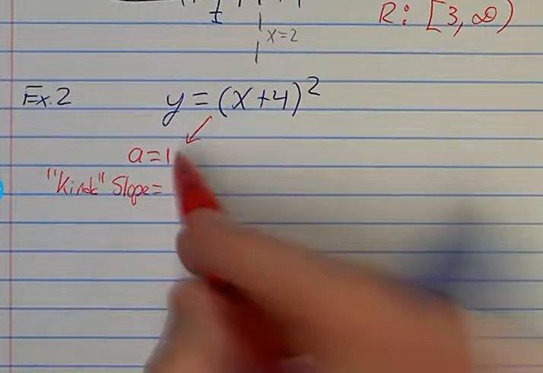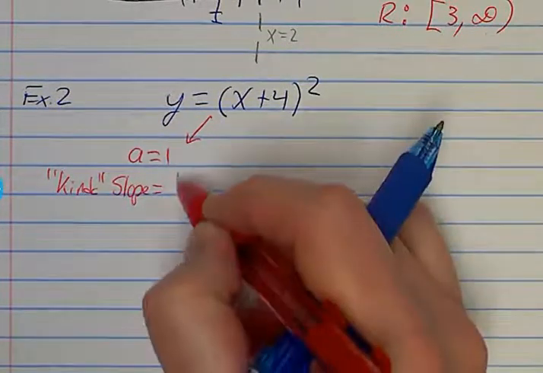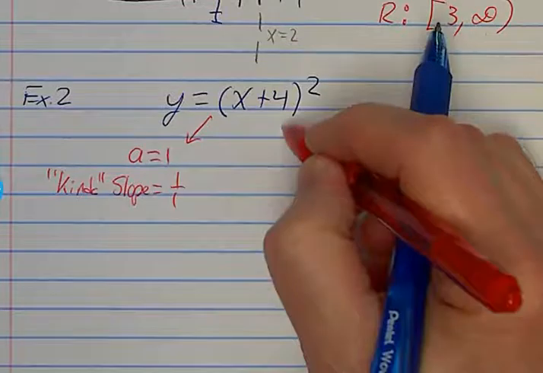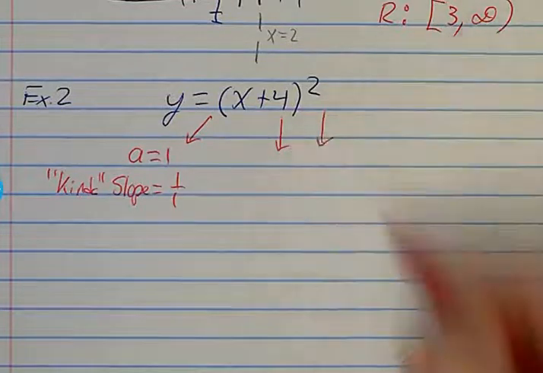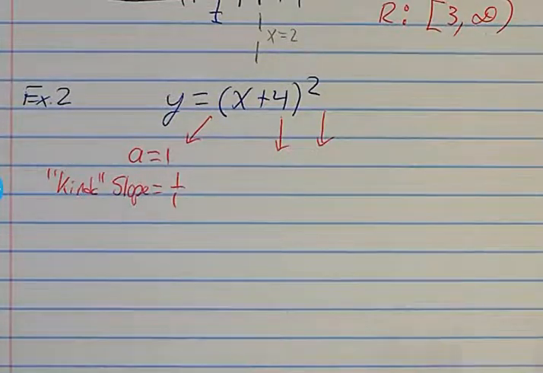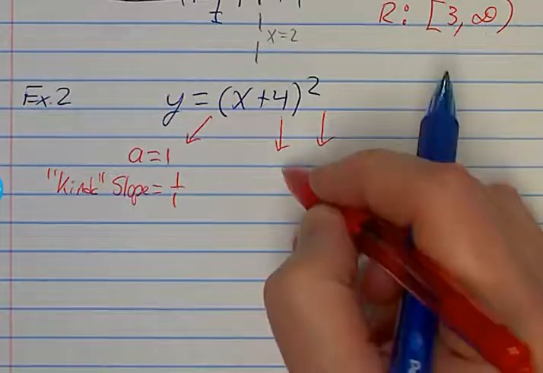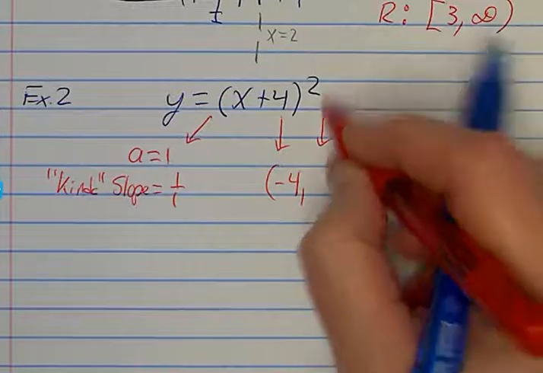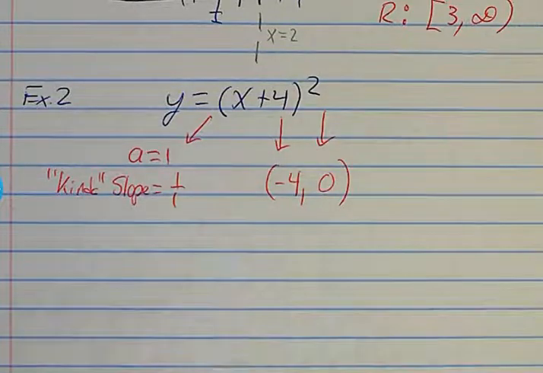We know the a value is 1. So your kind of slope would be 1 over 1. Again, technically it's not really slope, but we're going to kind of think about it that way. Okay, your 2 numbers behind the x, one on the inside and one on the outside, that's going to be the part of the vertex. Change the sign from positive 4 to negative 4. And then there's nothing added, so we're going to add 0.